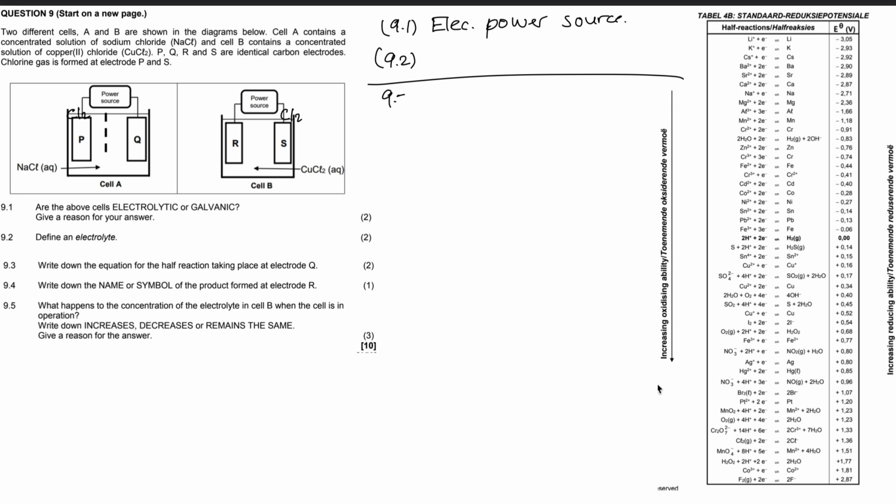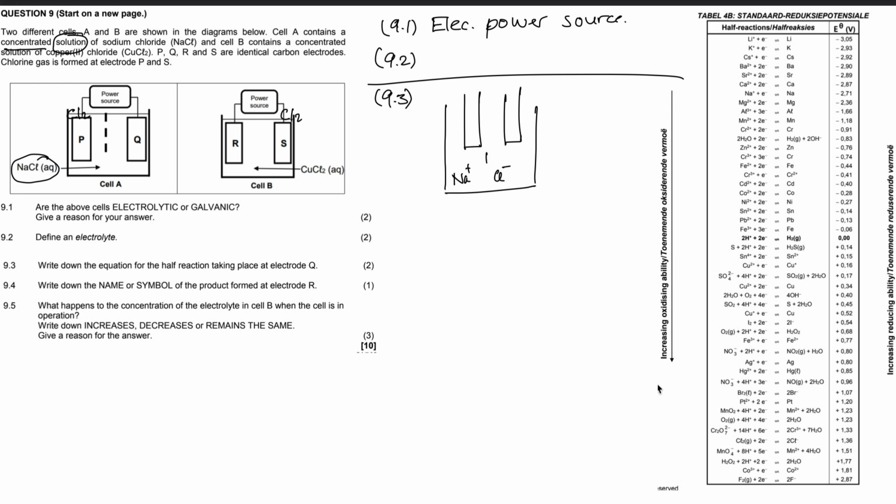Question 9.3, write down the equation for the half reaction taking place at electrode Q. Now we've got to be careful because at electrode Q, let me just draw this out for us. We have two electrodes, right? But don't be mistaken in thinking that there's only Na and Cl in here. We have Na plus ions, we have Cl minus ions, and we also have, remember, it is a concentrated solution.